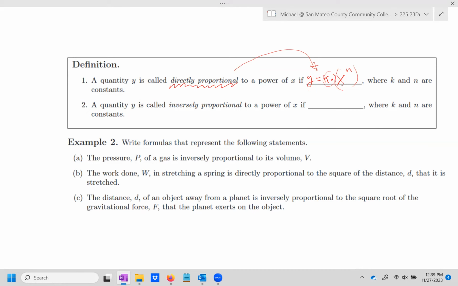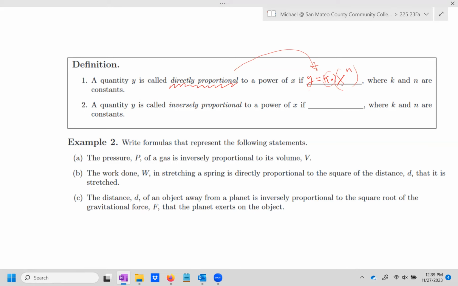If you stretch a spring, it gets harder. The distance you pull it times some constant is how hard you have to pull. That's called direct variation of the first power of x.